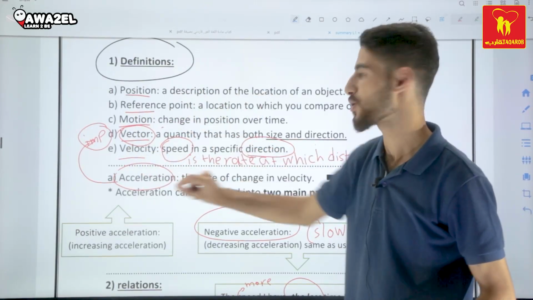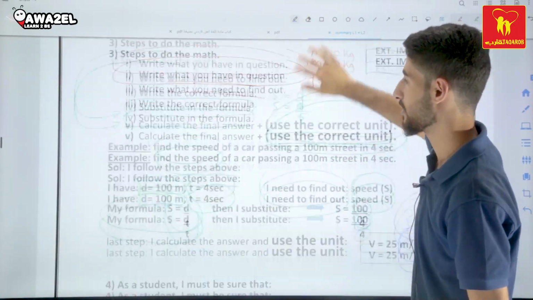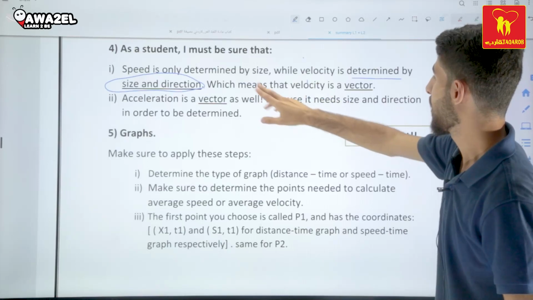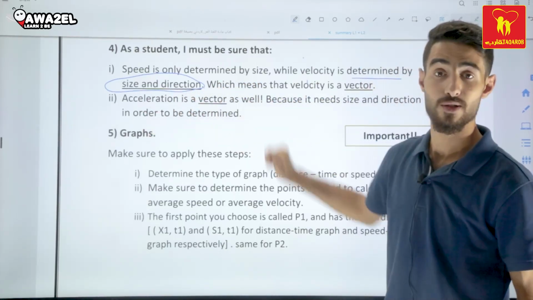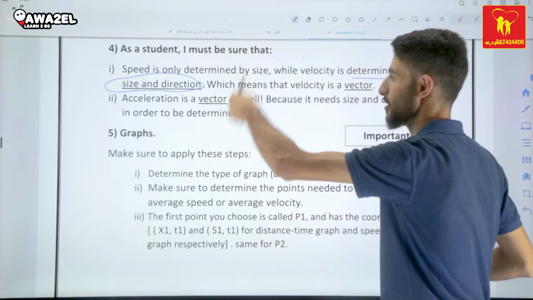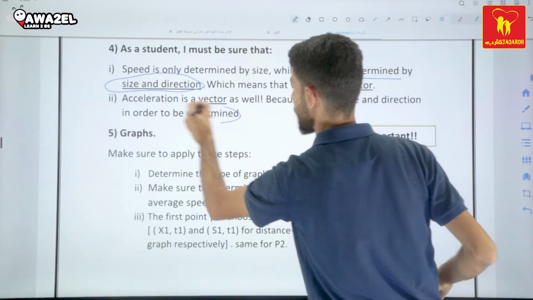Velocity is a vector, so I need size and direction to find it and to express it. Acceleration is a vector as well. A vector needs size and direction in order to be determined.